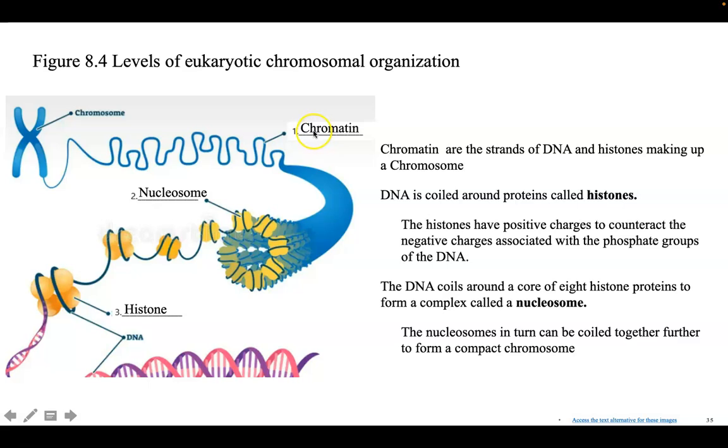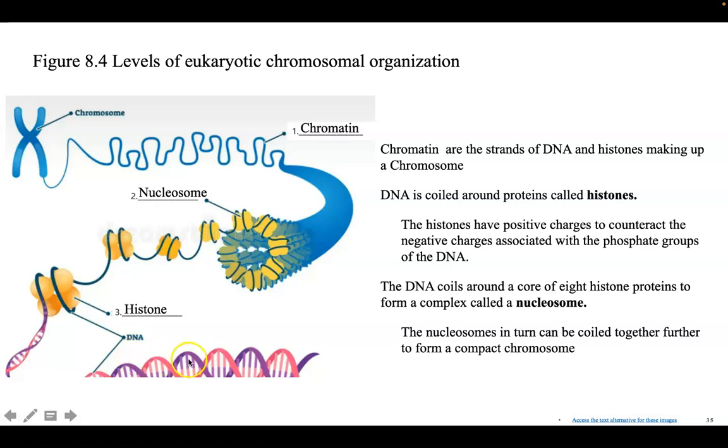The chromatin is made up of our DNA strands, and the reason they can be packaged in this nice, neat formation where everything fits together and doesn't get tangled and become a big mess is because of our histone proteins.